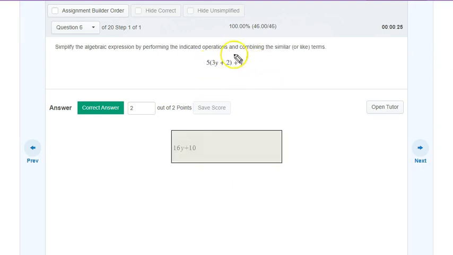Here we're asked to combine like or similar terms, but first we have to get rid of the parentheses. So we'll use that distribution principle. This will become 15y plus 10, 5 times 2, and then there's a plus 1y.